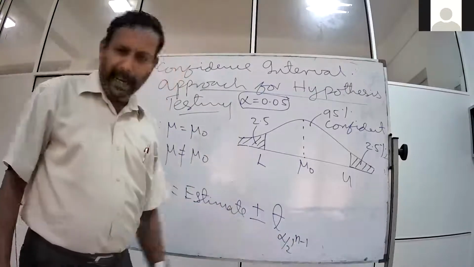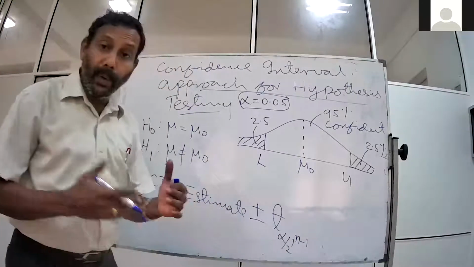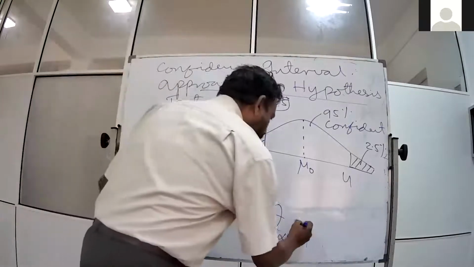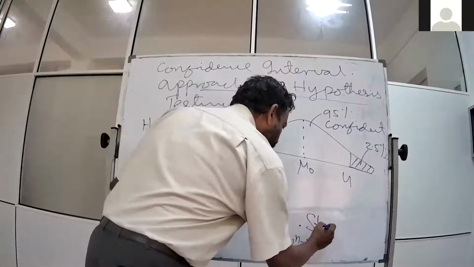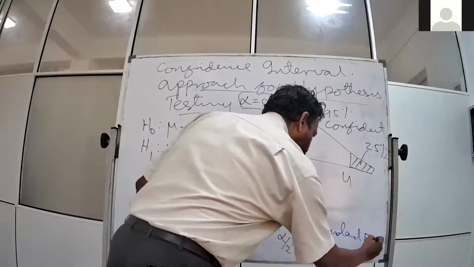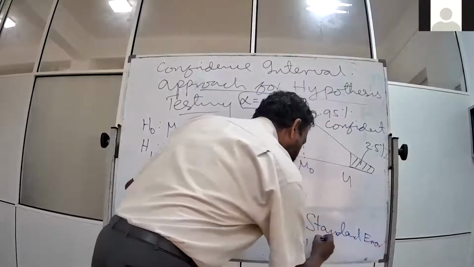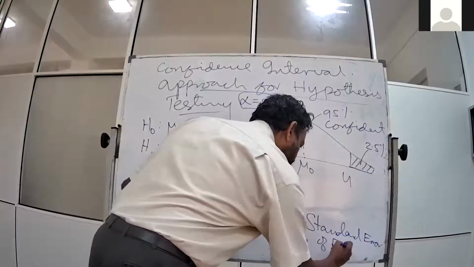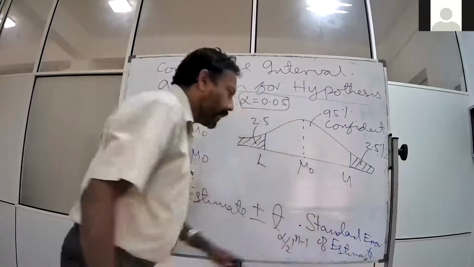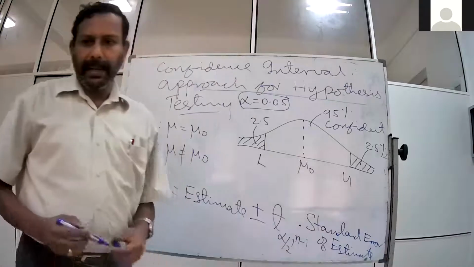Alpha by 2 and n minus 1 degrees of freedom. How to look at the table, we will see that later. Into the standard error of the estimate.